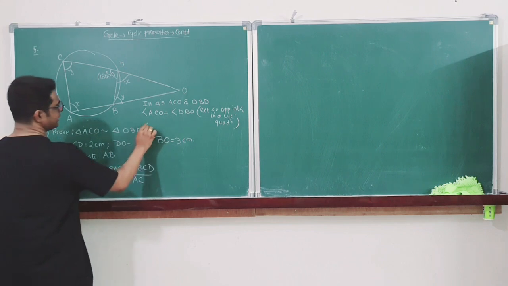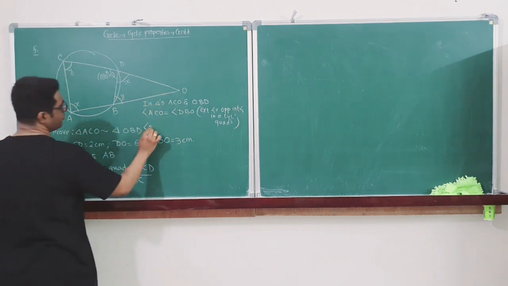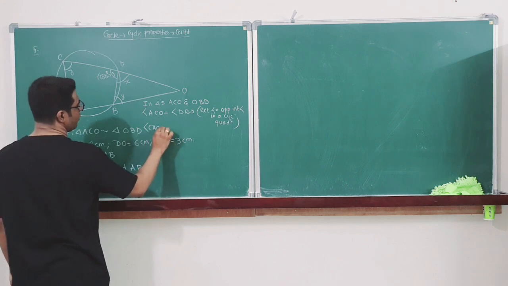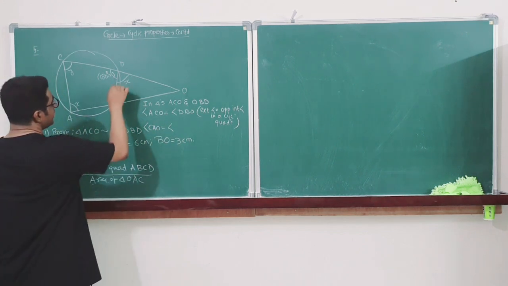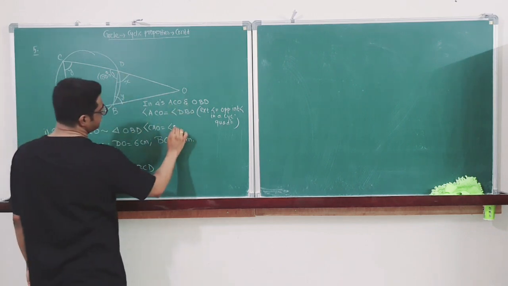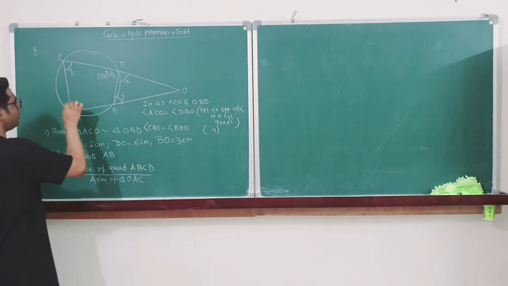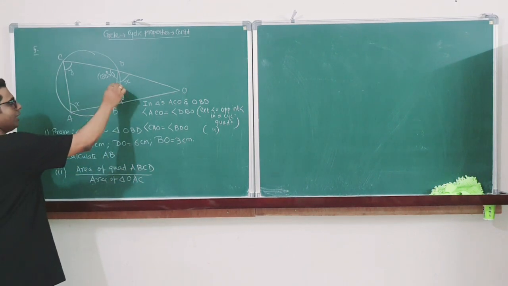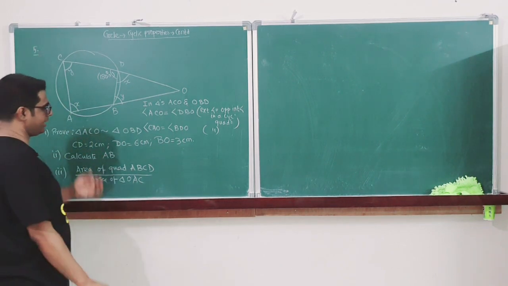Similarly, angle CAO equal to angle BDO. Reason same. Actually I don't have to prove this like this, because already we know this exterior angle is equal to opposite interior angle. Okay?